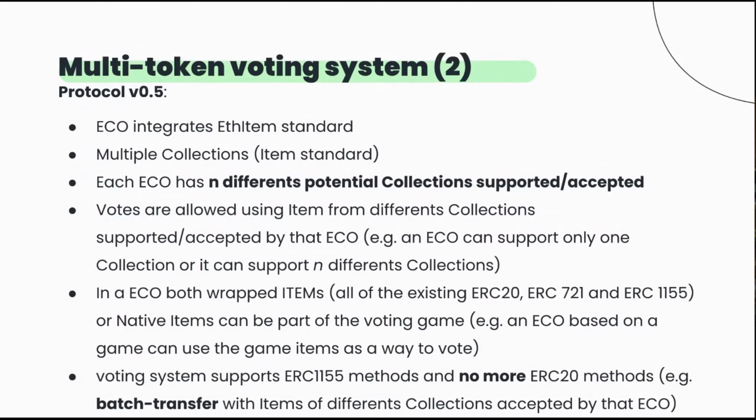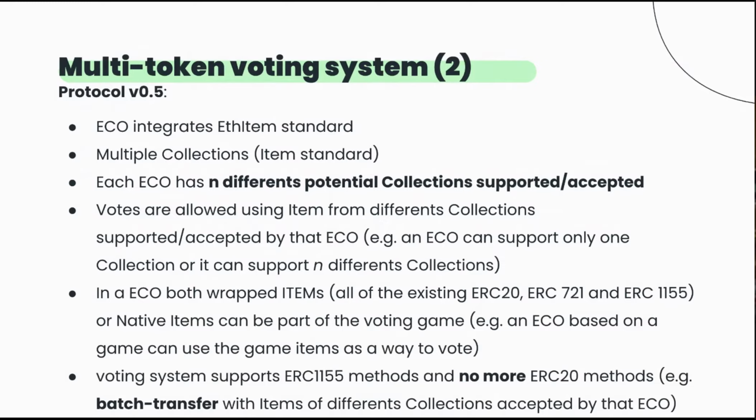In the 0.5, we have a lot of changes, very important. First of all, the ETHIO integrates natively the ETHITEM standard. So this means that we don't have anymore only the ERC20, but we integrate and we support the ETHITEM standard in the DFO protocol.